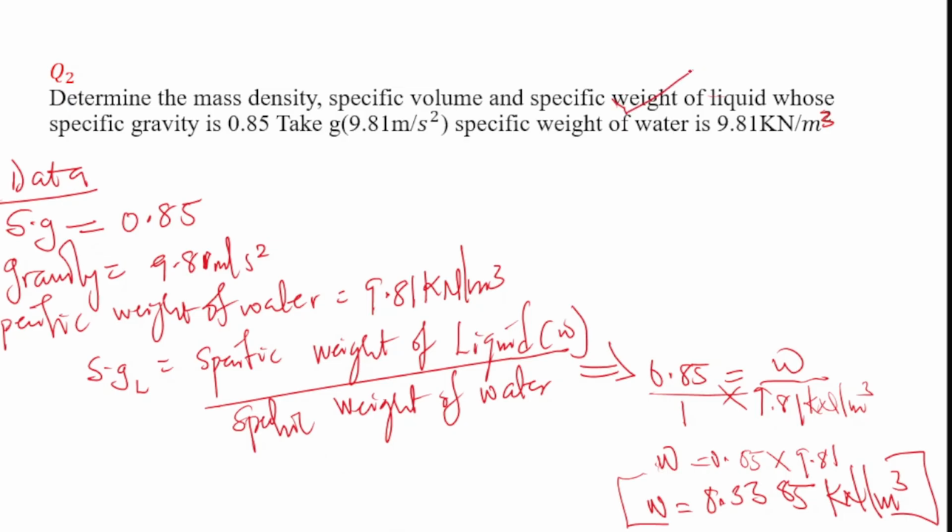Now, since you've calculated your specific weight, the next thing is to calculate the mass density. Recall that W is equal to density multiplied by acceleration due to gravity.